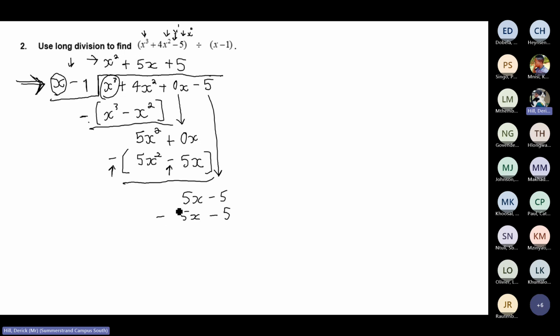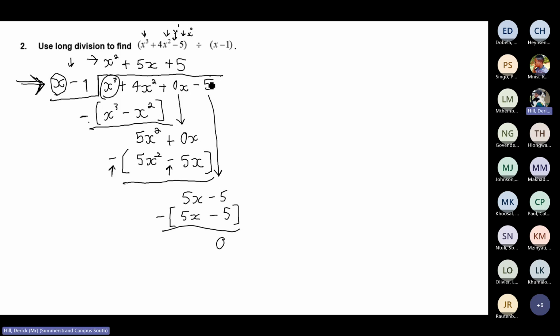And I'm going to subtract these from each other, remembering that we don't want to get confused with that minus sign. So minus 5 minus minus 5 is minus 5 plus 5, which gives me 0. 5x minus 5x gives me 0. So I've got a 0 plus a 0, which is just a 0.